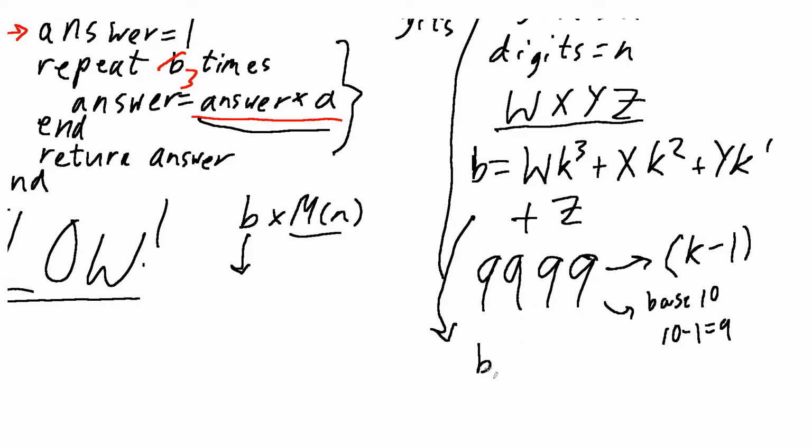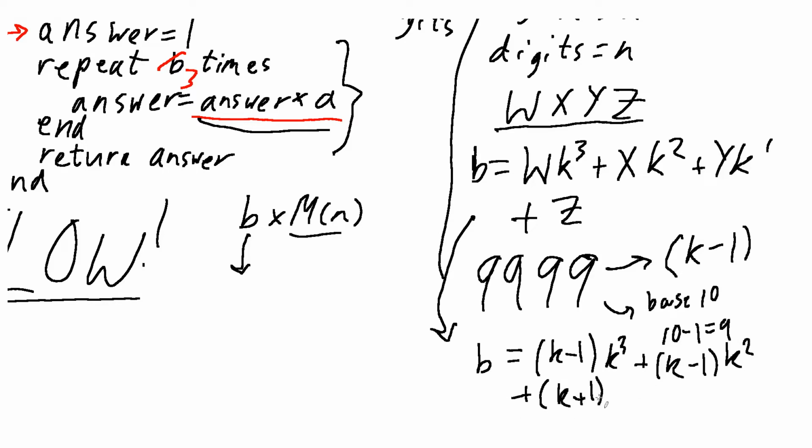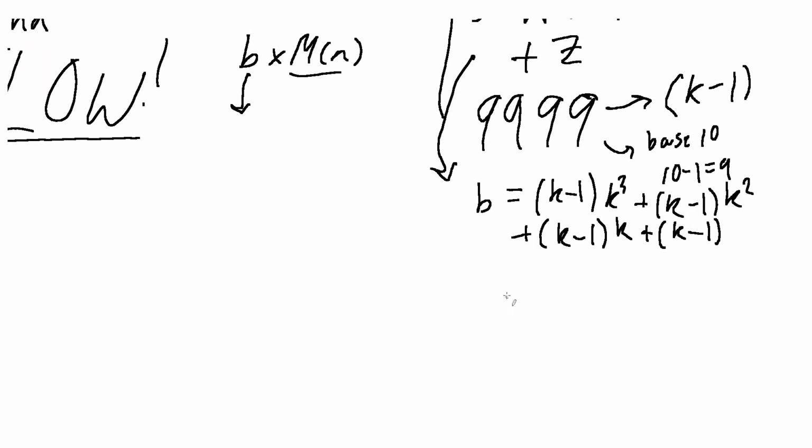So we'll have b in the absolute worst case is k minus 1 times k cubed plus k minus 1 times k squared plus k minus 1 times k plus k minus 1. And this is equal to k to the power of 4 minus 1.